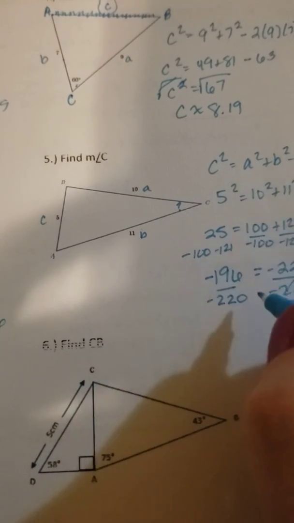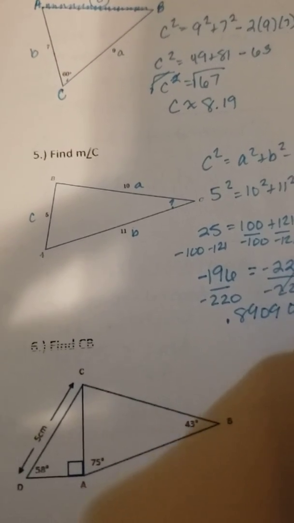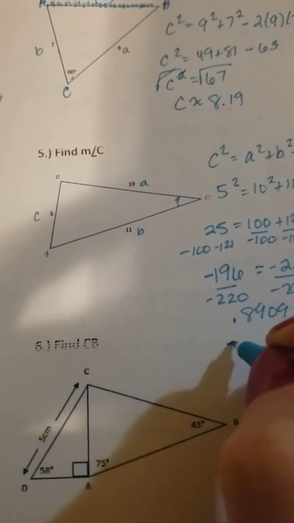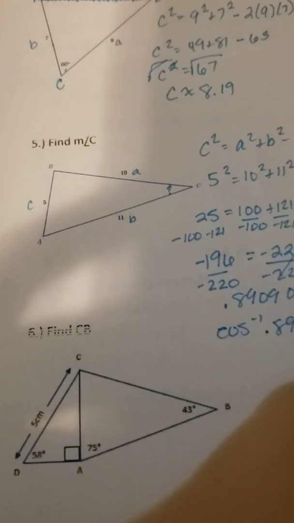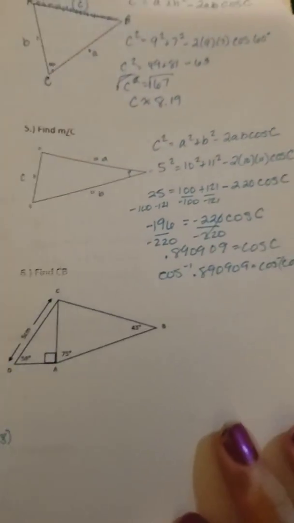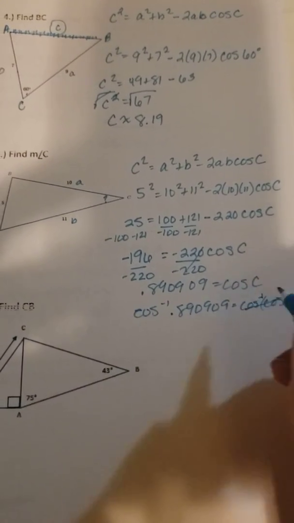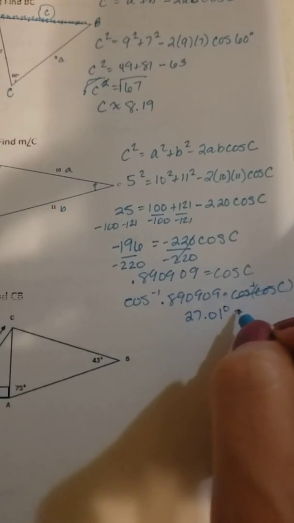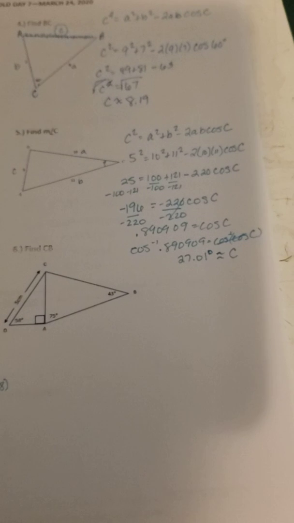And I get about 0.890909 is cosine C. So we do our inverse cosine of 0.890909, and what that gives me is that angle C is approximately 27.01 degrees. And that little circle right there is the degree symbol.